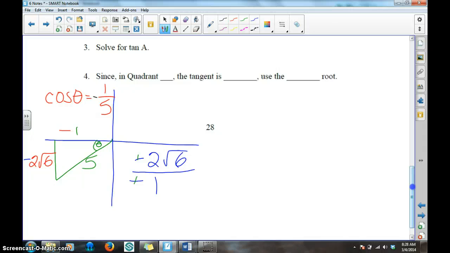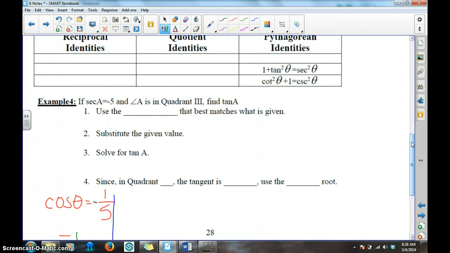With the Pythagorean identities, I have a new option. I'm going to use the Pythagorean identity that best matches what I'm looking at. Which Pythagorean identity contains the trig functions secant and tan? Can you all see it's this one? Both of them are in there.